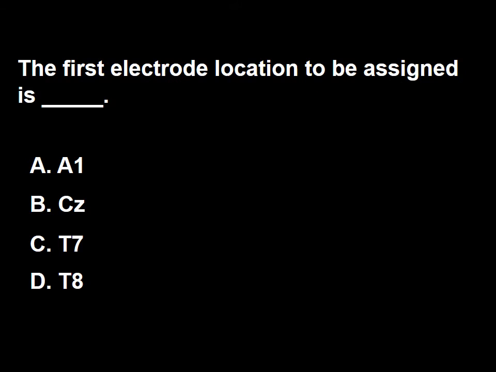So, since I asked the question a while back, I will repeat it here. The first electrode location to be assigned is: A1, B, CC, C, T7, T, T8. The answer to this question is B.